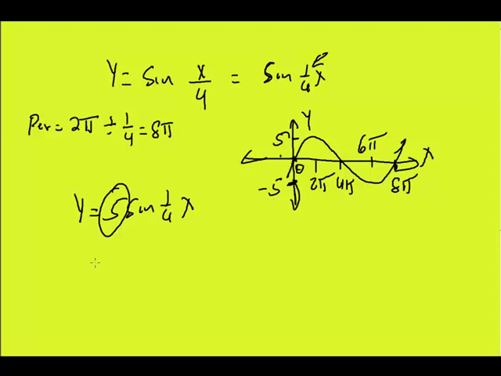Okay, so let's do it with the cosine this time. The only thing is I'm going to change that number a little bit. Instead of 1/4, let's say we have y is equal to, let's say, 4. You know what? Let's do negative 4 cosine of 2x.